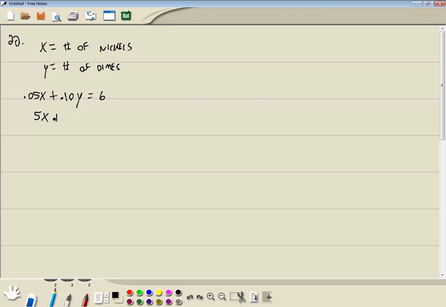So that'll be 5x plus 10y is equal to 600. And I can divide all these by 5 to make my numbers smaller. So that's x plus 2y, and 600 divided by 5 is, what is it? 120. Yeah, 120. Okay, so that's our first equation we're working with.